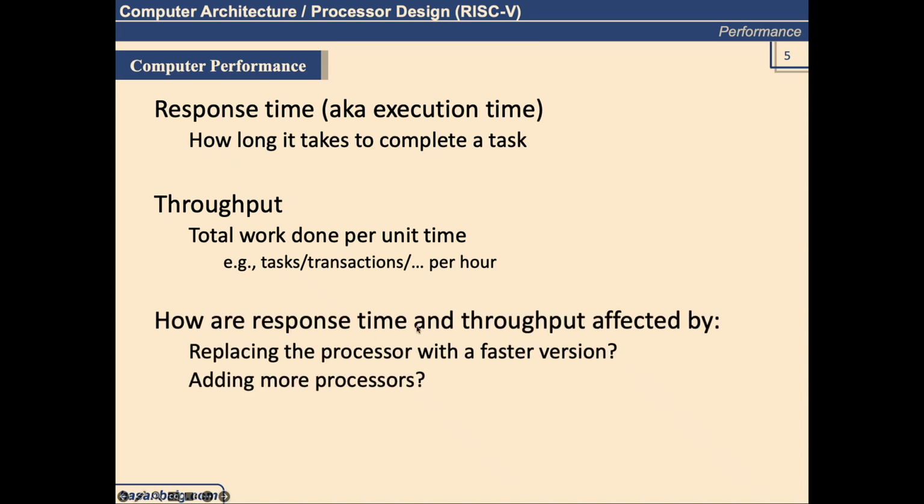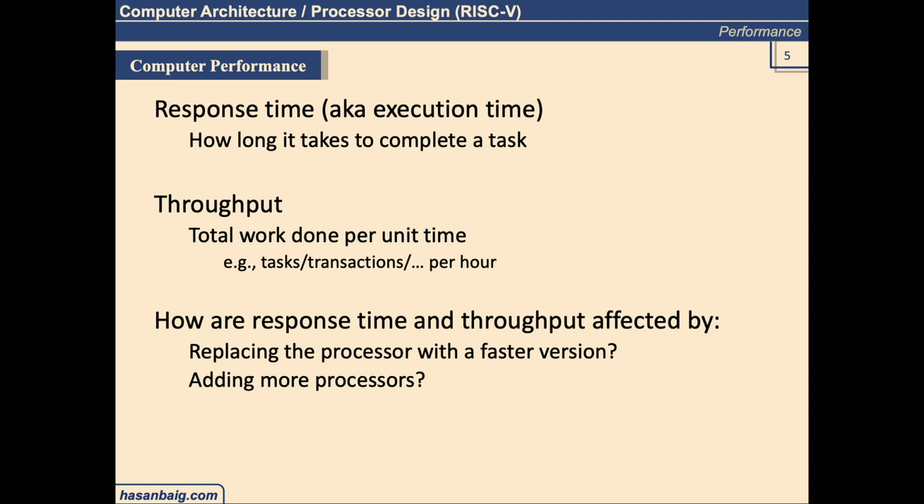So how are response time and throughput affected by these two things? When we replace the processor with a faster version, what will be affected? And when we add more processors? Which one do you think, the response time or throughput, will be affected by the first one, when we replace the processor with the faster version?